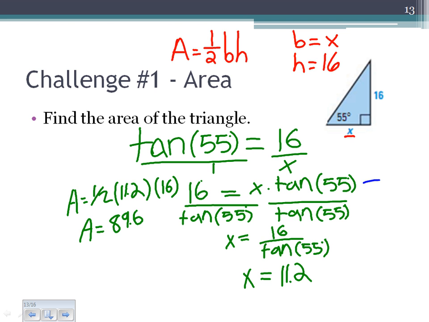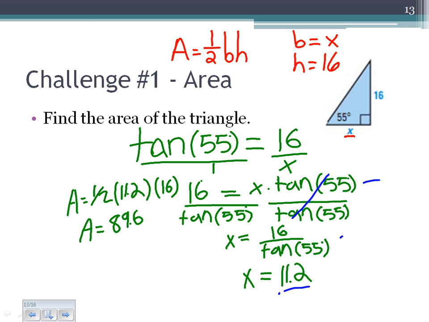But to get x by itself, he has to divide both sides by tangent of 55 so that they'll cancel on the right side. When he divides both sides, he gets 16 over tangent 55. And on the other side, both these canceled, so he only had an x left. So we get x is equal to 11.2. Right? Are there any units here?